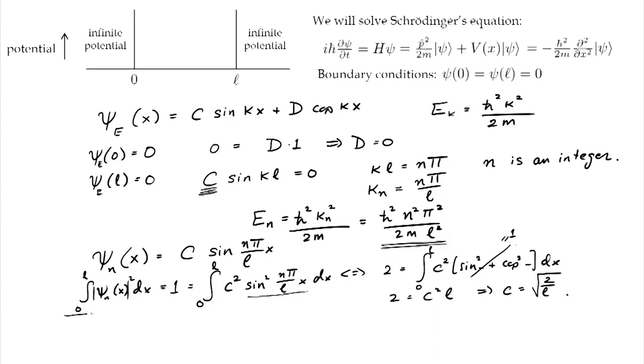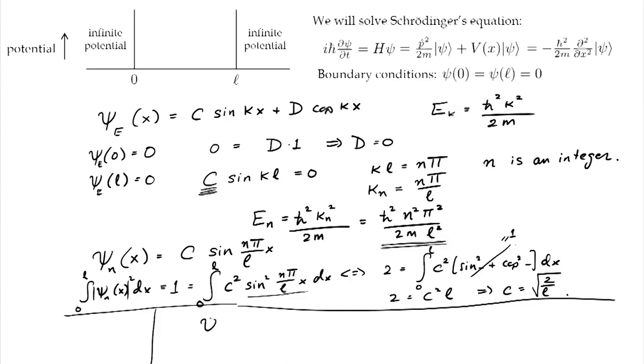Okay, so now this finally gives us our solution. The proper set of eigenfunctions and eigenvalues of the Hamiltonian is indexed by n going 1, 2, and so on.